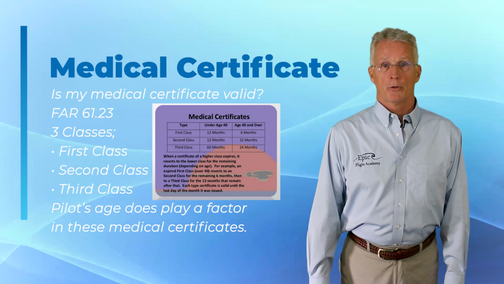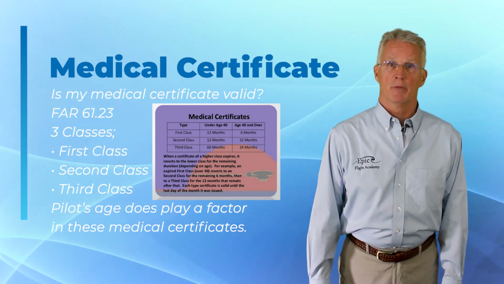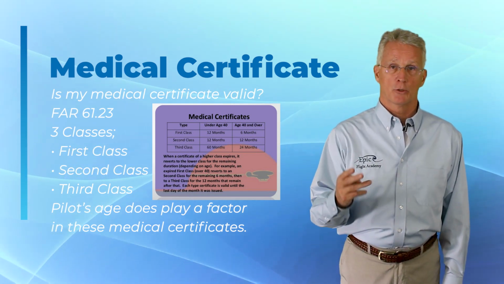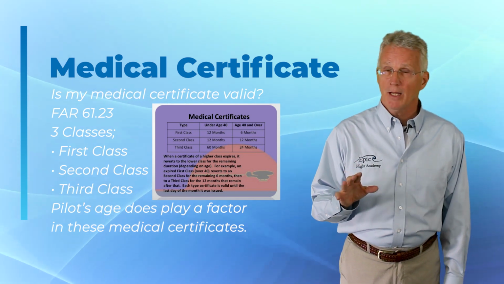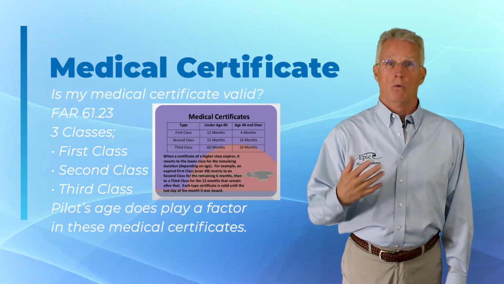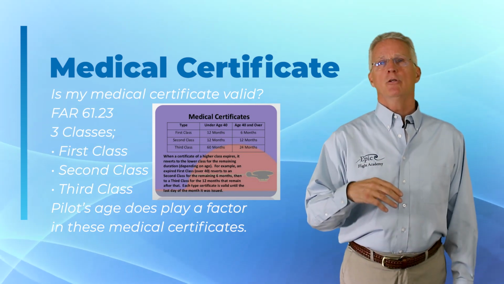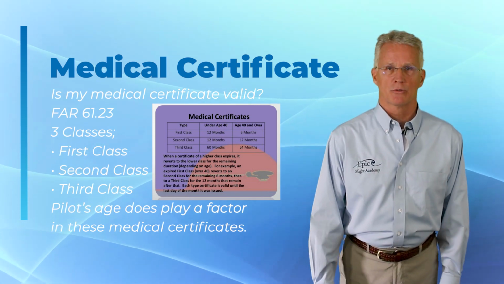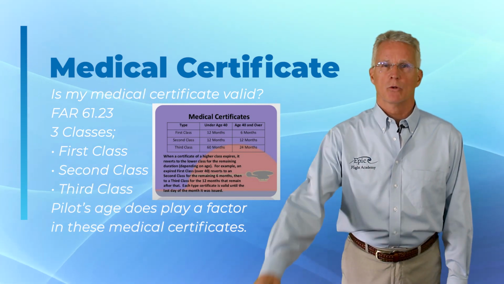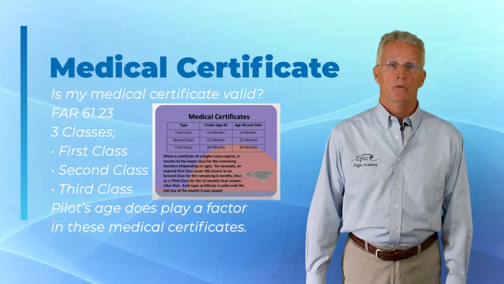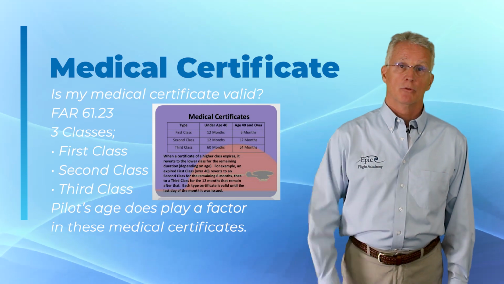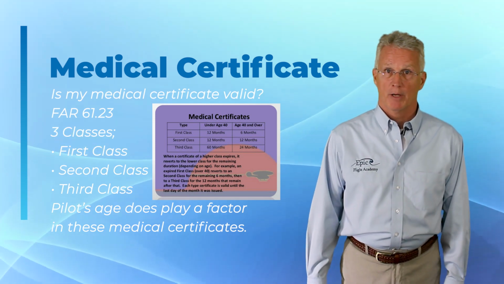As you know, there are 3 different classes of medical: first, second, and third, and it depends how old you are. Are you over or under the age of 40? And how do you intend to use this certificate? So review that with your flight instructor to make sure that you have a current medical.